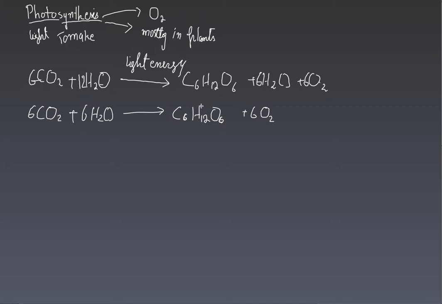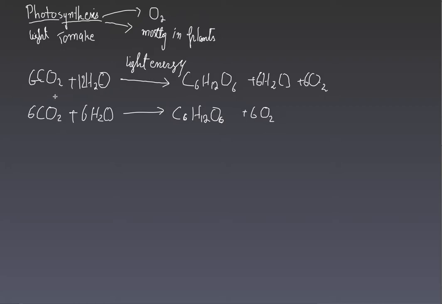The next thing I want to tell you is that if you notice the equation right here, we have oxygen along with carbon dioxide, and we also have oxygen along with water. So it puzzled scientists to wonder which oxygen is the O2: is it coming from water, or is it coming from carbon dioxide?